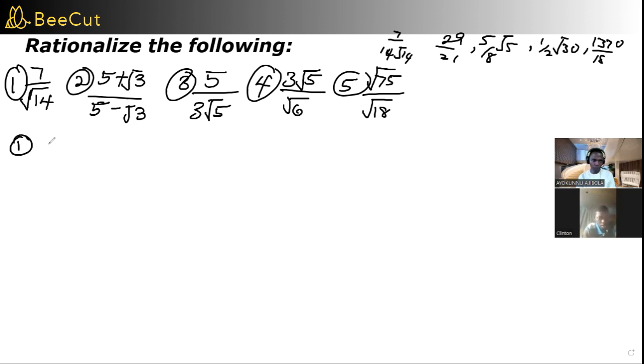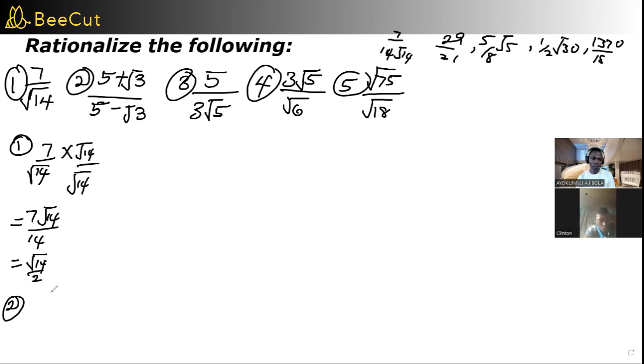Number 1, 7 root 14 times root 14 over root 14. This is going to be 7 root 14 over 14, which you have gotten. And finally, 7 over 14 gives 1 over 2, or half.